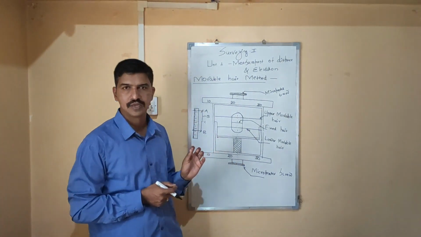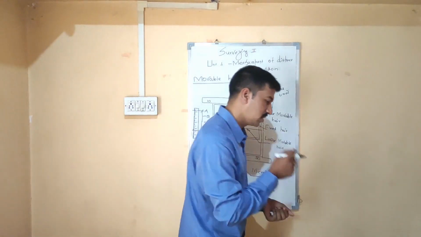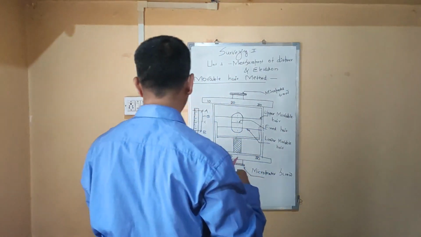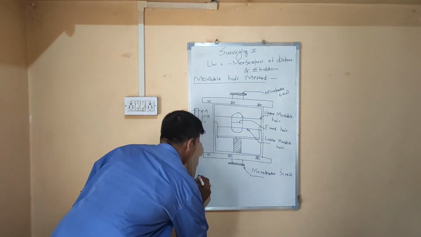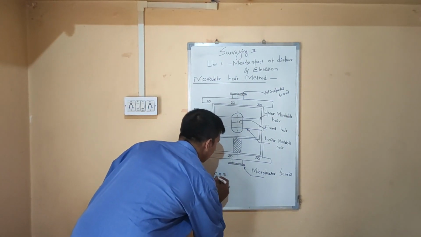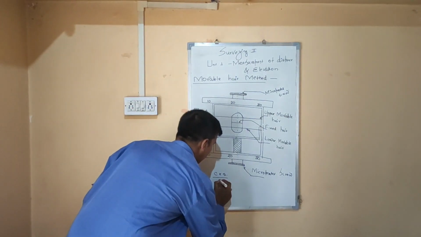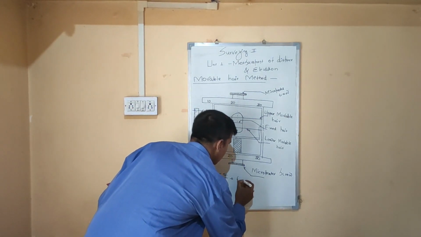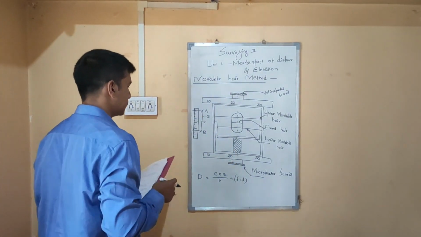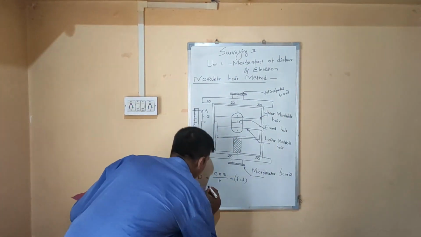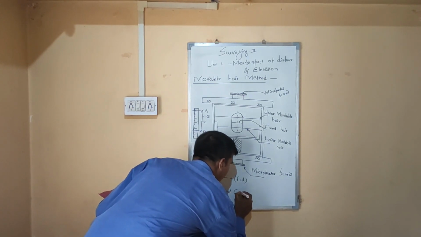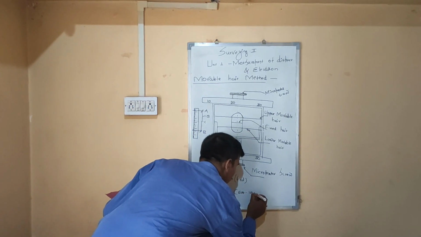The formula to calculate the distance D is D equals C multiplied by S divided by N, plus F plus d, where C is the constant varying from 600 to 1000.